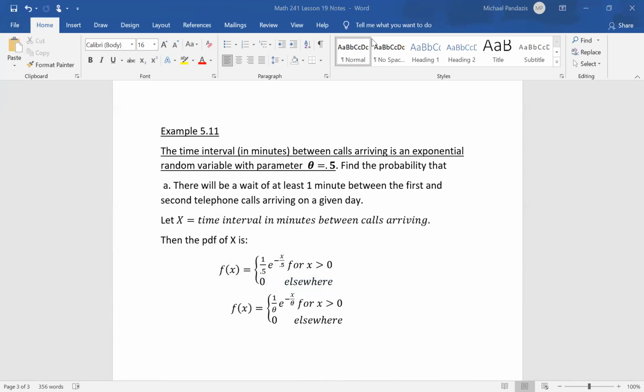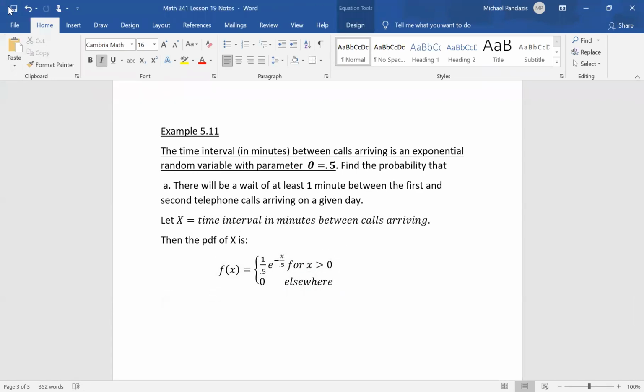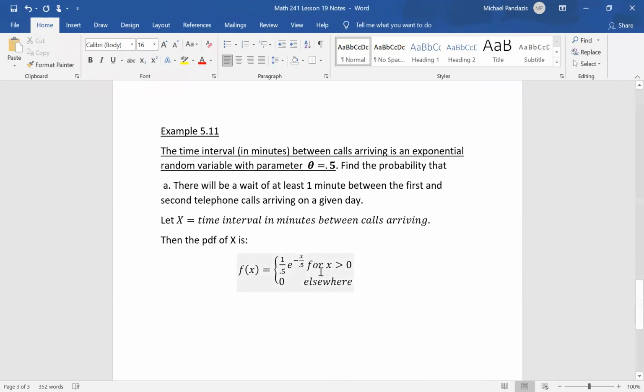Okay, so that's the PDF right here. It's of this form. Right? So your PDF of capital X is of this form. Okay, so now that you have the PDF, you can use it to find probabilities.